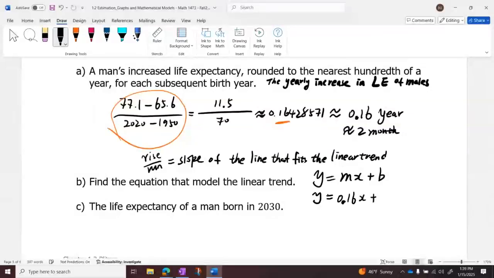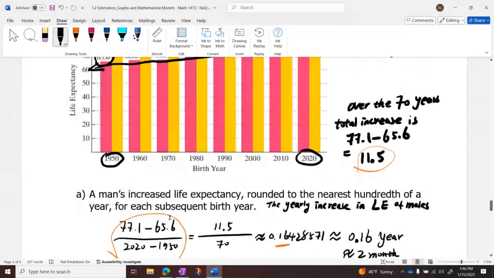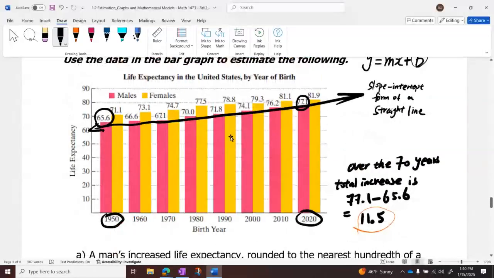And how do we find the value of b? Think about the trend starting from 1950, right? So that means the problem sees 1950 as the initial year. 1950 here is the initial year, the very beginning. So the b value is going to be the life expectancy at the very beginning, in the initial year.